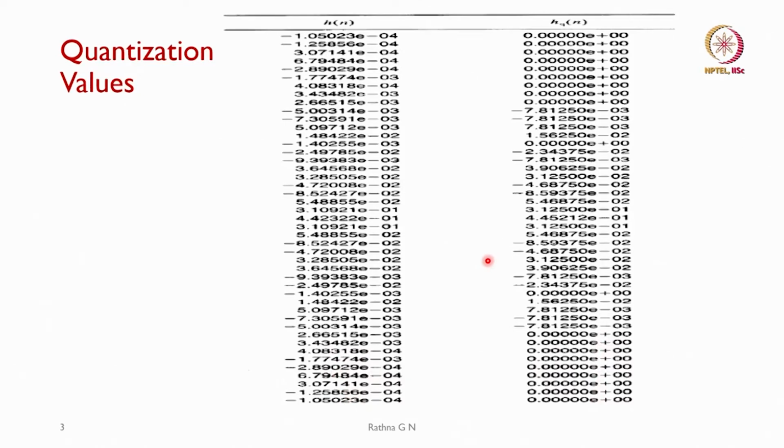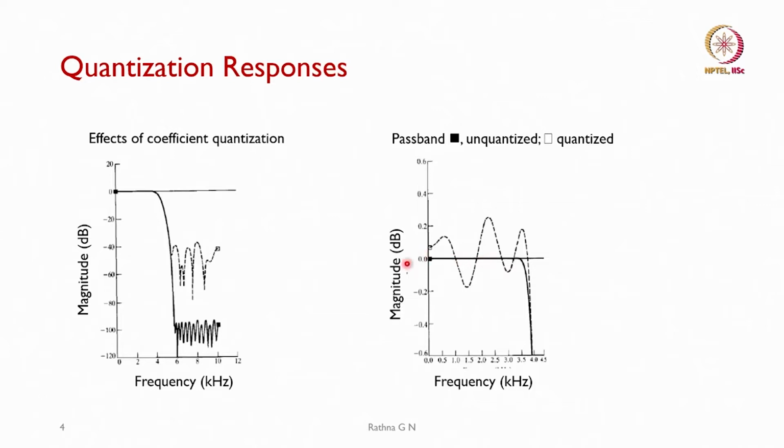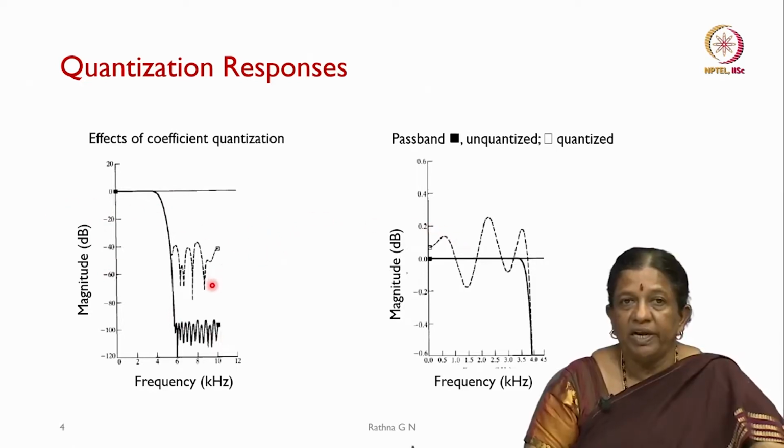So, in the FIR filter, we will see how the response is going to be in a while. The black representation shows the frequency response with respect to magnitude, and the dotted lines show the response based on quantization.